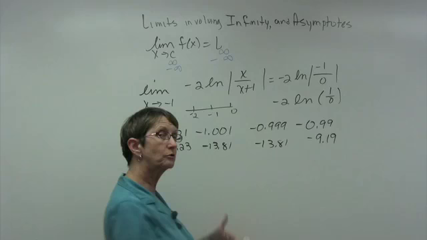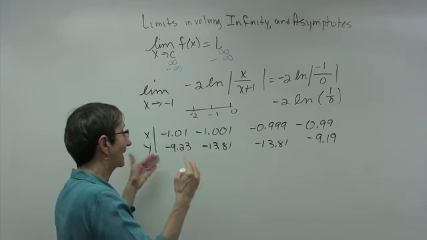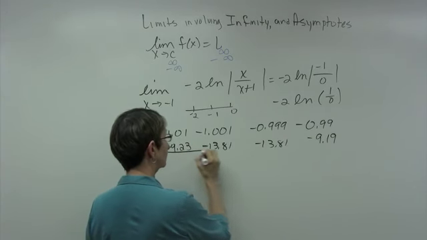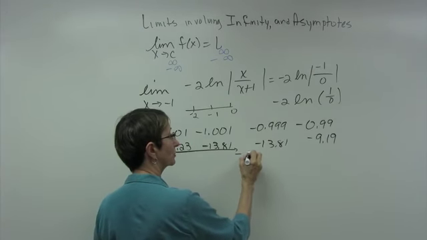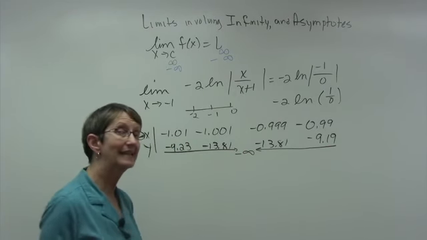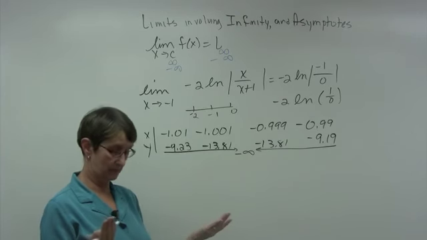These are not approaching any particular number. They're just getting bigger. They're increasing. And so the y values appear to be getting larger and larger and larger. So I am guessing, estimating, that I can just plug in negative infinity to represent what is happening.